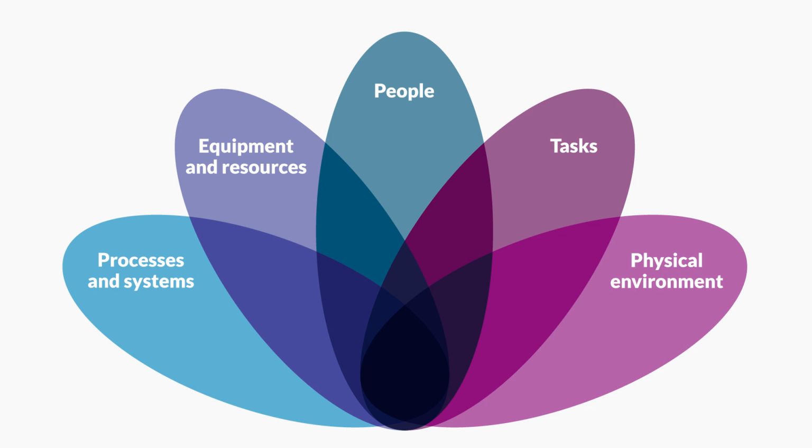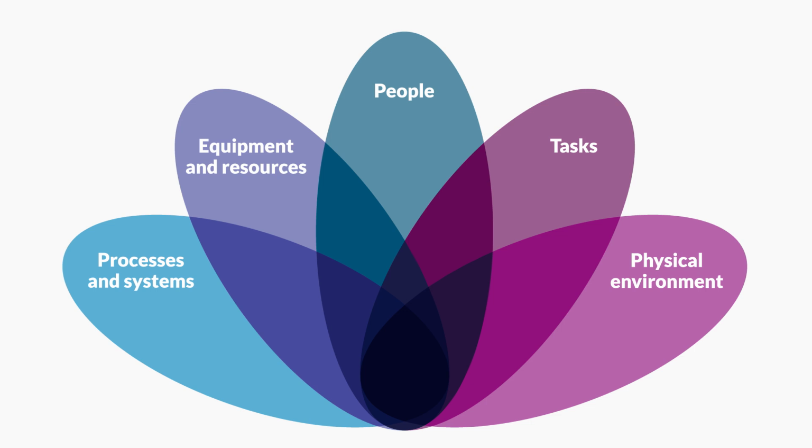And it gives you a bit of a guide to the kinds of things that you might consider when you're brainstorming redesigns. So it's got processes and systems, equipment and resources, people, tasks, and the physical environment. And it's drawn to reflect how all of those overlap with one another.